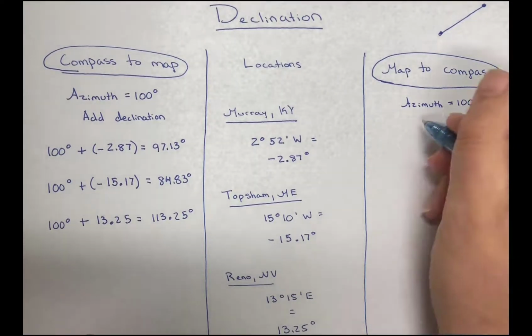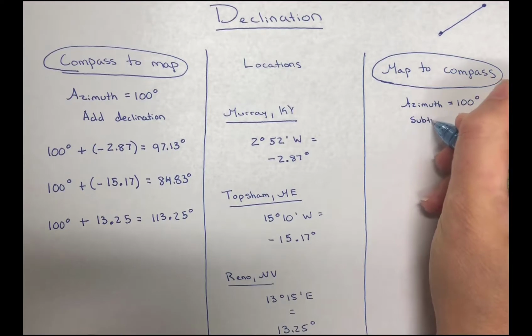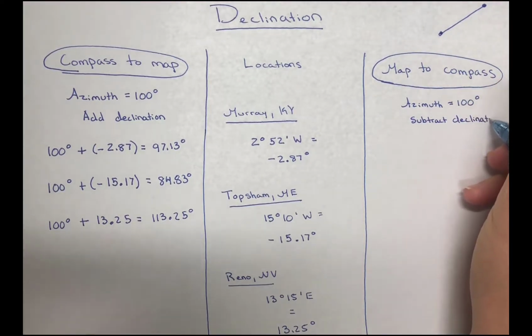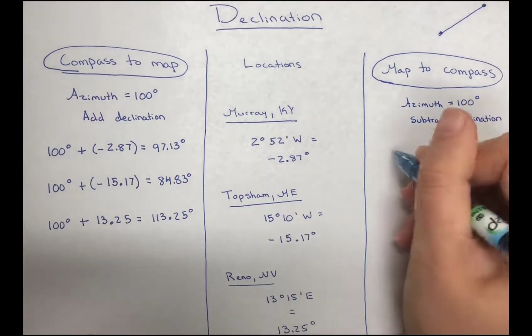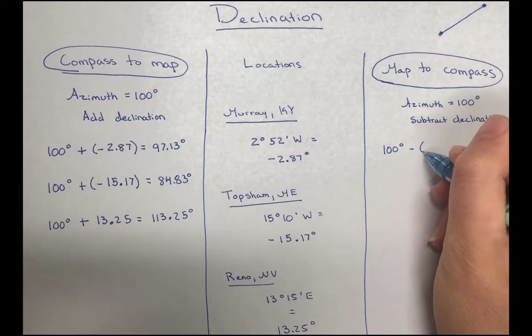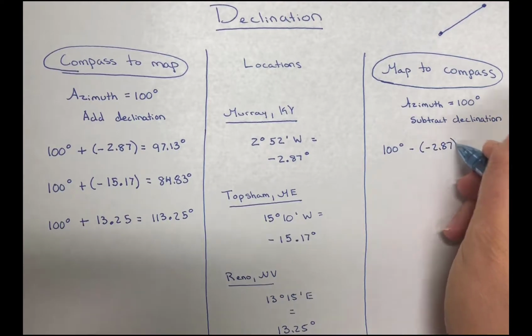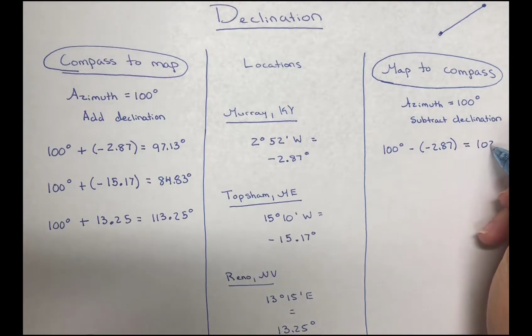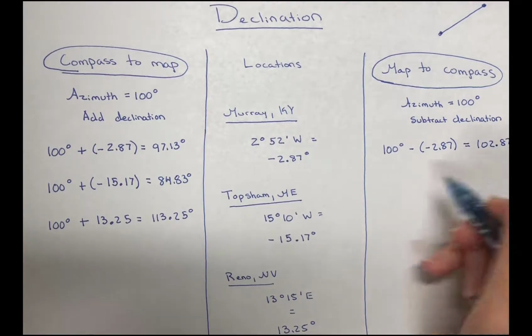In this case, we want to subtract the declination. So for Murray, this would look like 100 degrees minus negative 2.87. If you think about it, we're actually adding 2.87. So that's going to be 102.87 degrees.